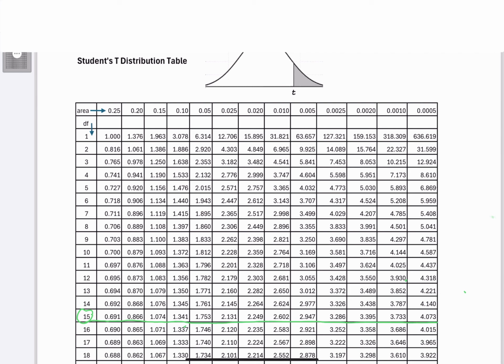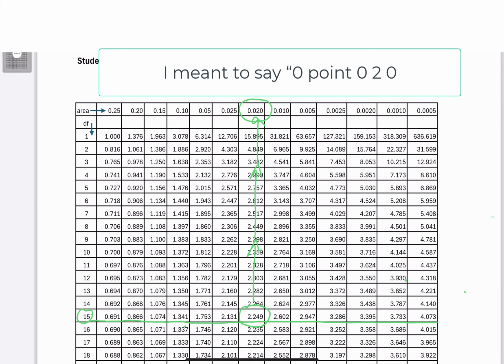The t-value I'm looking for is 2.249. That's right there. So I look up at the area row at the top of the table and I see 0.20. So that's the number I want.